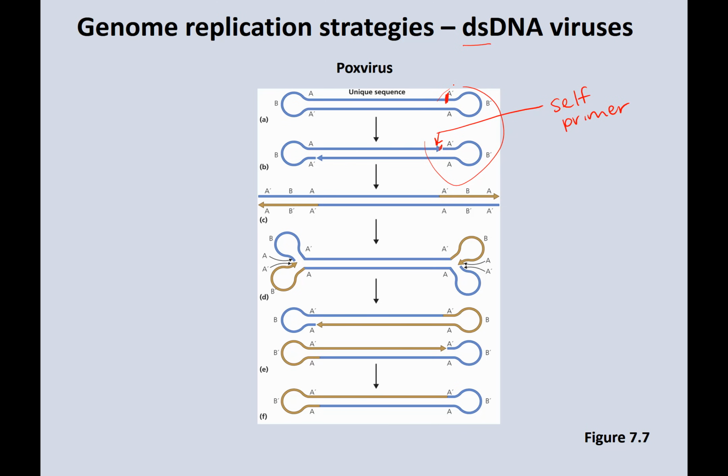So that actually cuts or nicks the DNA, makes this 3' hydroxyl end, and now DNA polymerase can just go ahead and start copying, and then pox viruses use this interesting method of folding back these inverted terminal repeats and then allowing it to copy the other strand, and what you eventually get is more genomic DNA. Right? So remember, the whole point of genome replication is to make more of whatever is packaged in that virus.